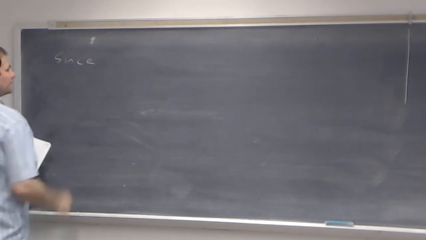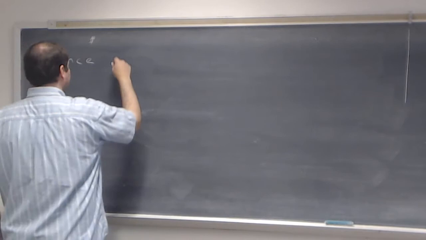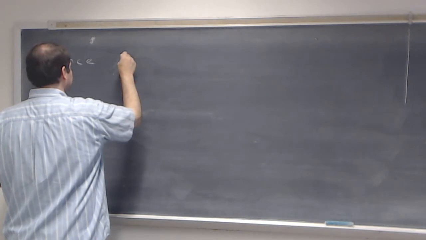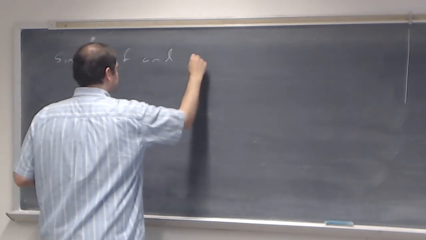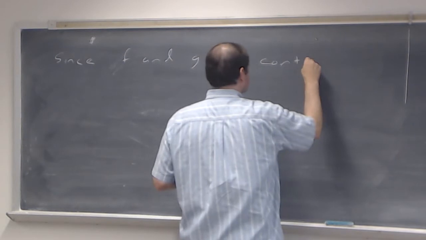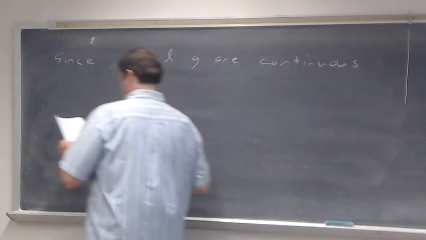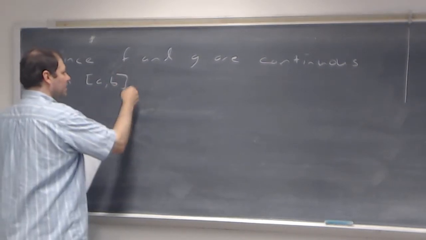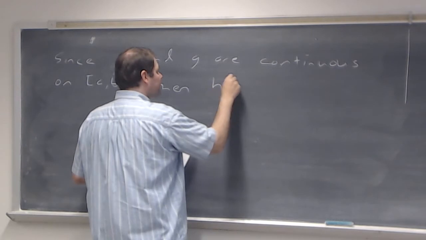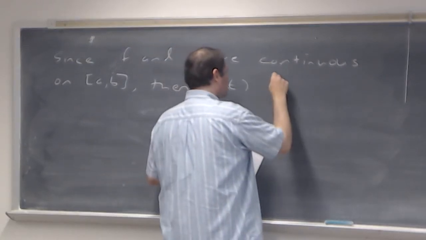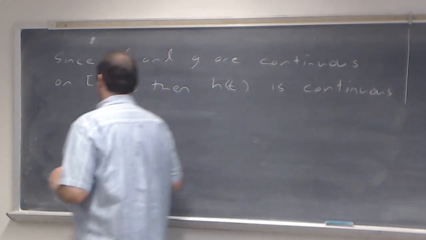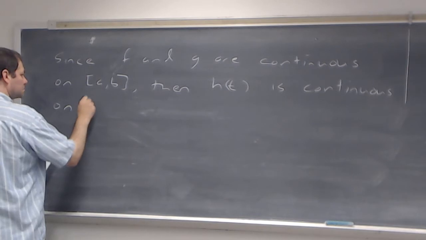Now, what we're going to notice about h is that since f and g are continuous on the closed interval from a to b, then that will force h of t to be continuous on [a, b].